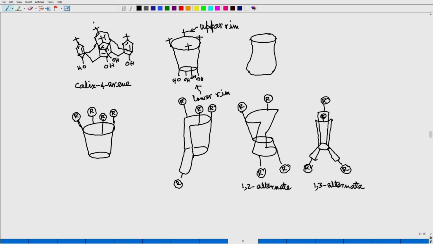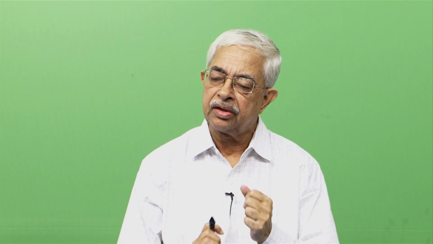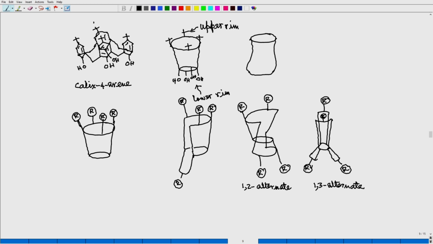So, this kind of movement of these aromatic groups, up and down, can take place at room temperature very readily, and this caught people's imagination that with these kind of molecules, it is possible to make molecular machines perhaps. And so, people jumped into this and a large number of publications, large amount of results were accumulated.